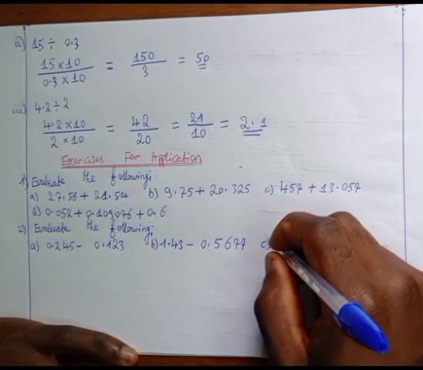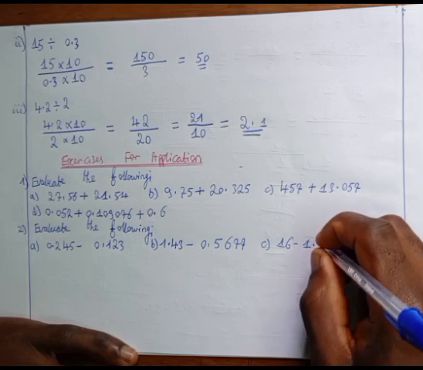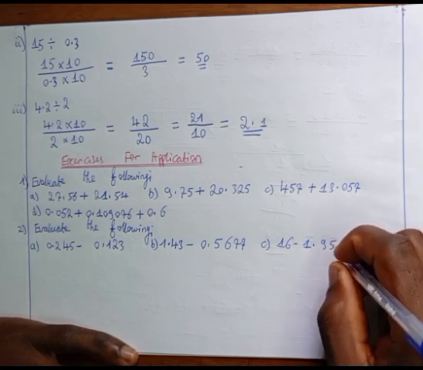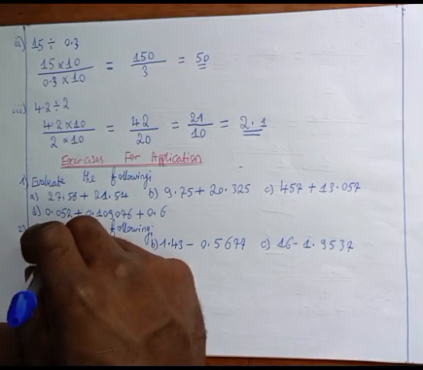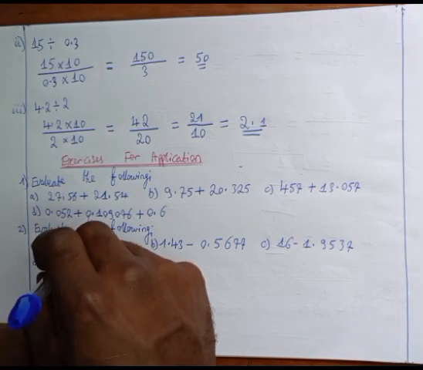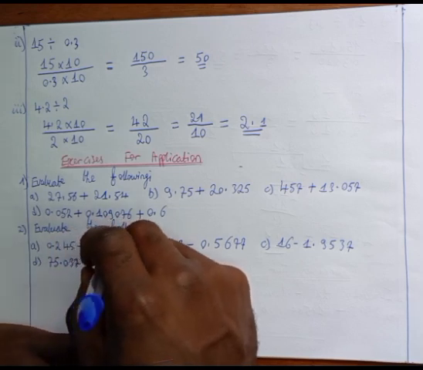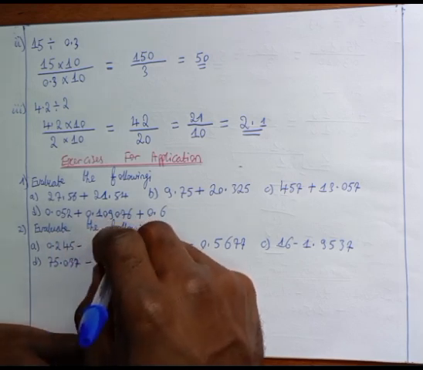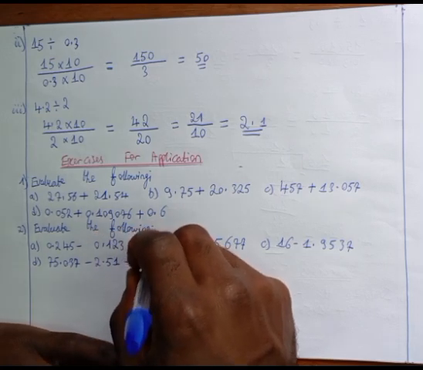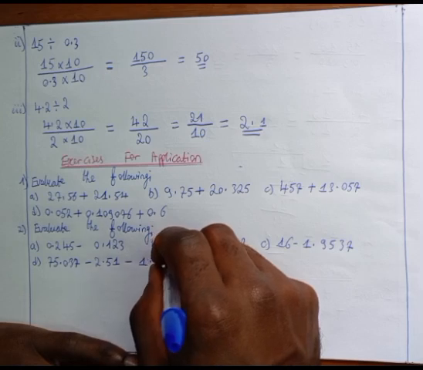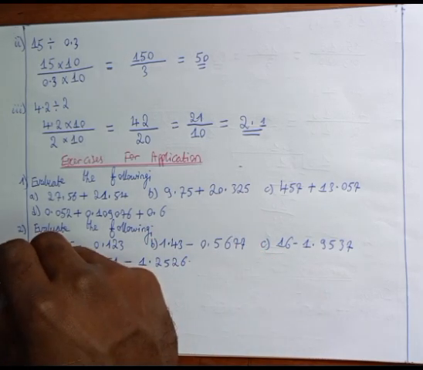For C, we have 16 minus 1.9537. D, we have 75.037 minus 2.51 minus 1.2526.